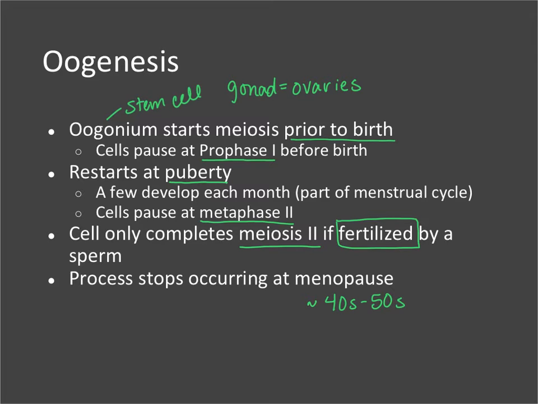And so the theory behind menopause is that the ability to get pregnant shuts down at a point in a woman's life where it's likely that she's not going to be alive long enough to take care of that child until it's independent.